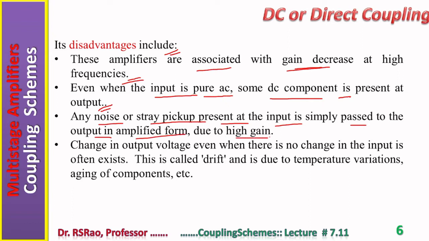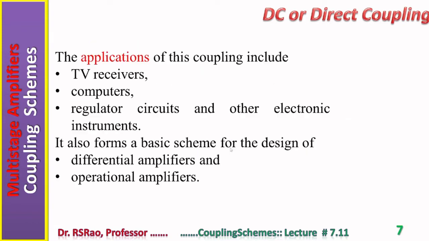So noise gets amplified and appears at the output terminals. Change in output voltage, even when there is no change in the input, exists very often. This is called drift and is due to temperature variations, aging of components, etc. These are some of the issues associated with the direct coupling scheme.